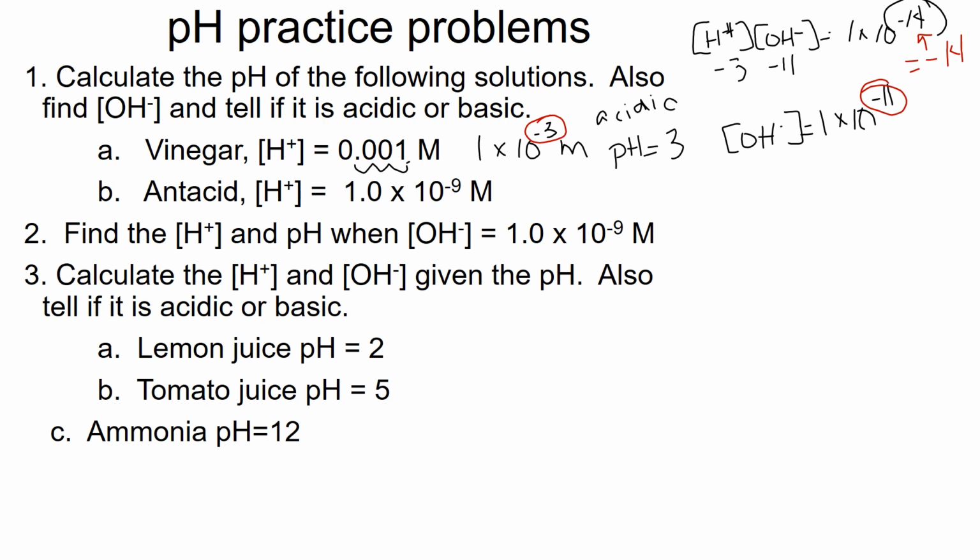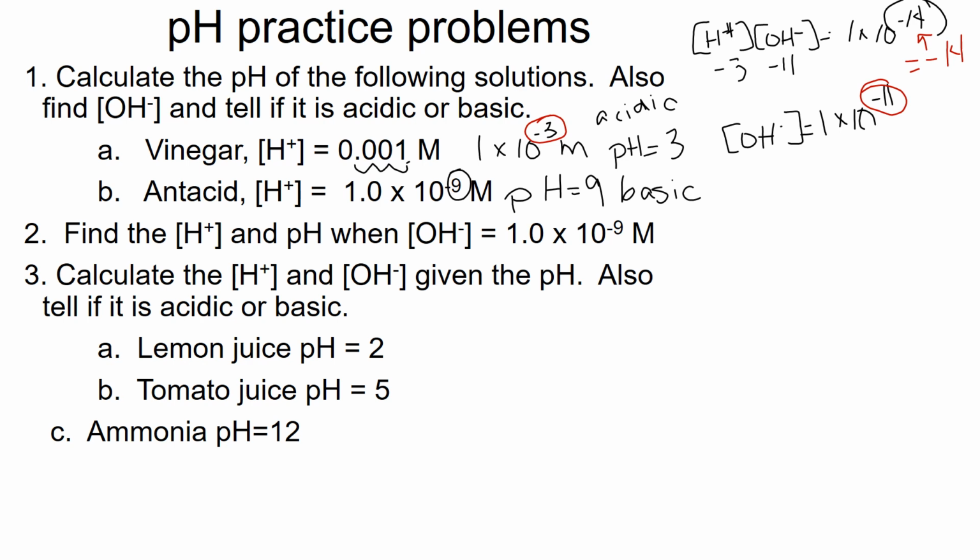So antacid has an H concentration of 10 to the minus 9. So what's our pH? It's the exponent, 9. So 9, that's greater than 7. This is basic. Oh, that's an S. Sorry about that. Let me erase that. It's basic.